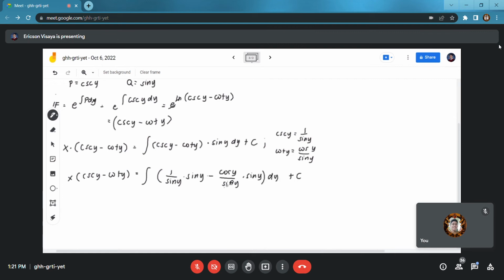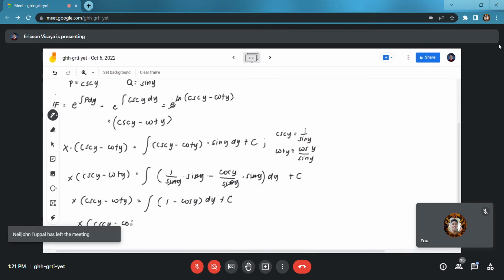So this cancels, and what is left is 1 minus cosine Y. So x times cosecant Y minus cotangent Y is equal to the integral of 1 minus cosine Y dy plus c.